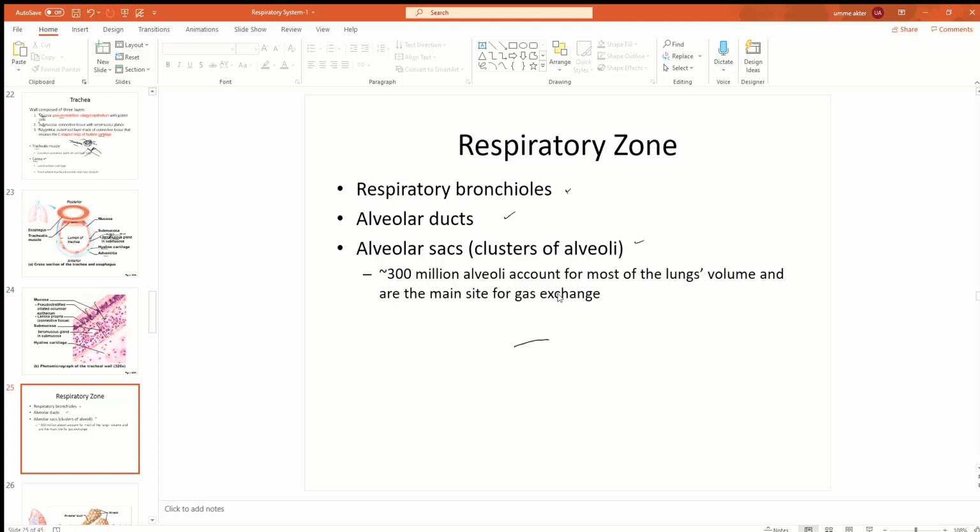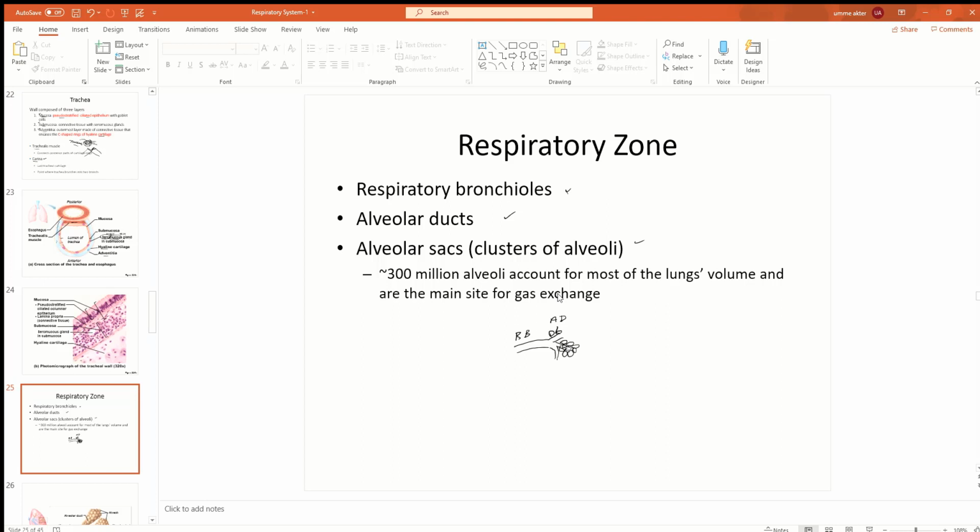Now last three structures, respiratory bronchial, then the alveolar ducts. So these are alveolar ducts, and the alveoli are attached to the ducts, like a cluster of alveoli.